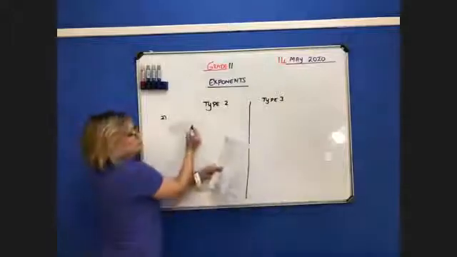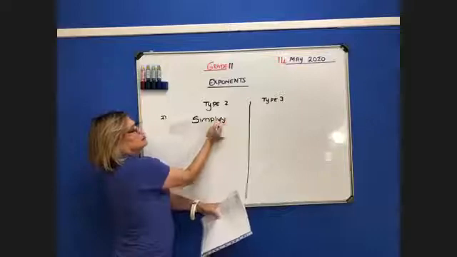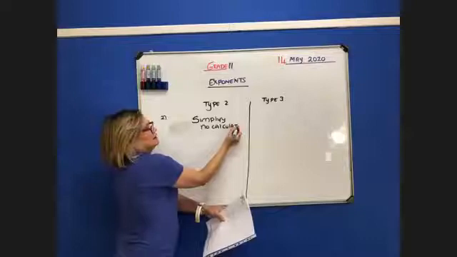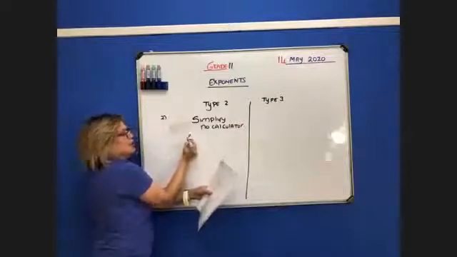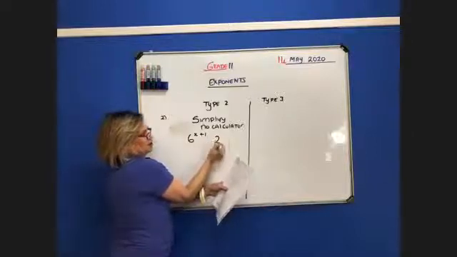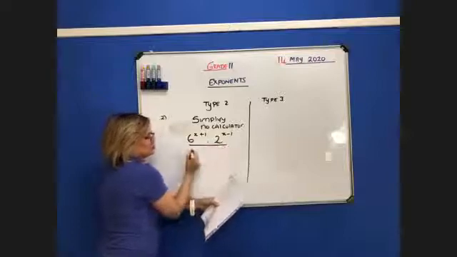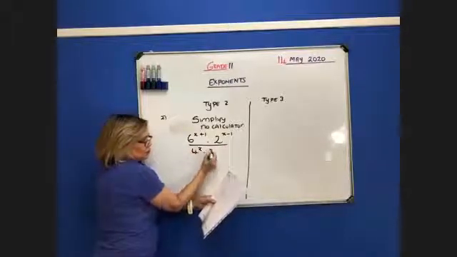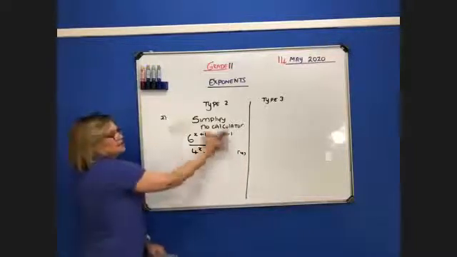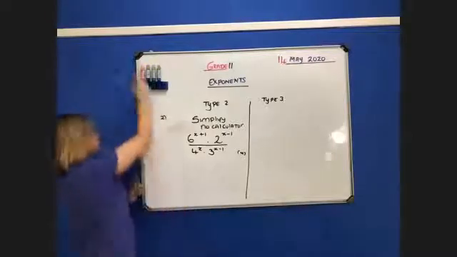Let's just say you've got simplify, no calculator, and then you notice that your bases are all joined together by multiplication and division. So that is type 2. Do you remember what is the thing you need to do when you see a type 2?